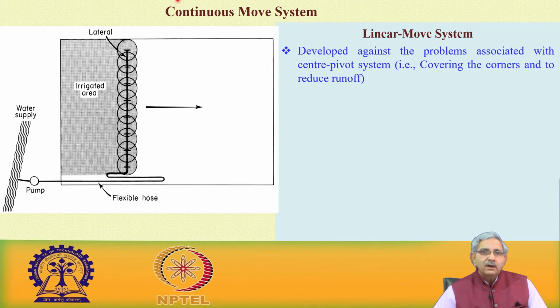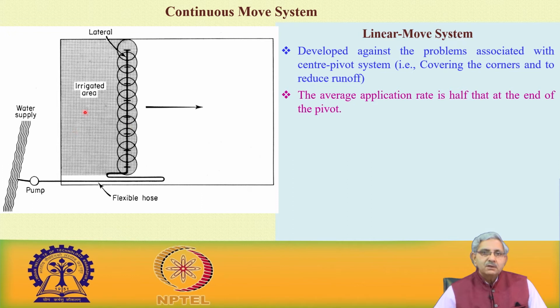Then there is the linear move system, which also falls under the continuous move. It was developed against the problem associated with the central pivot system, covering the corners and reducing runoff.